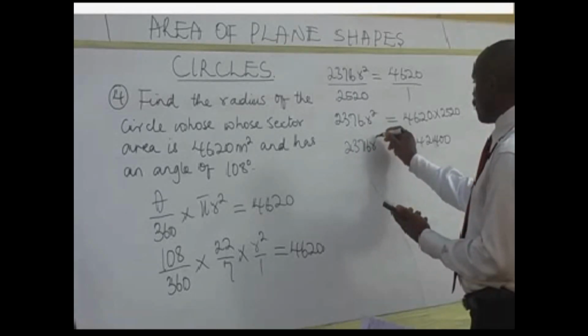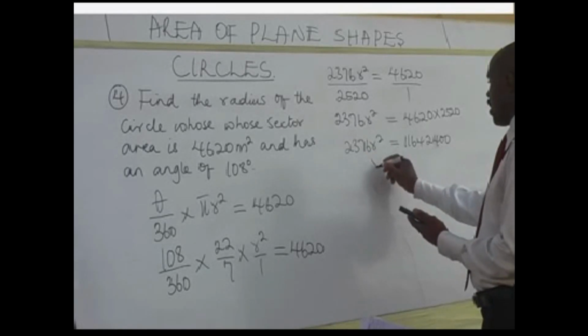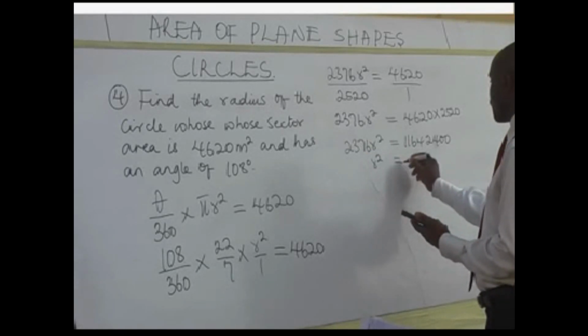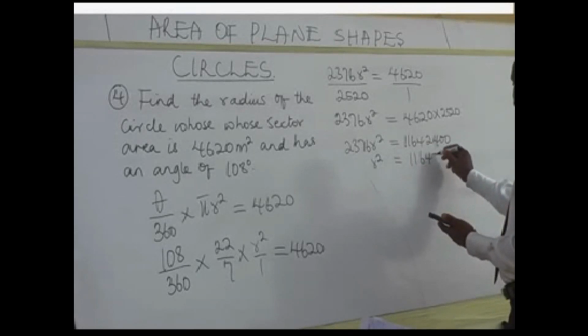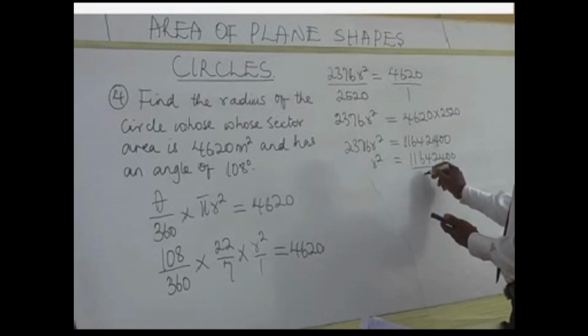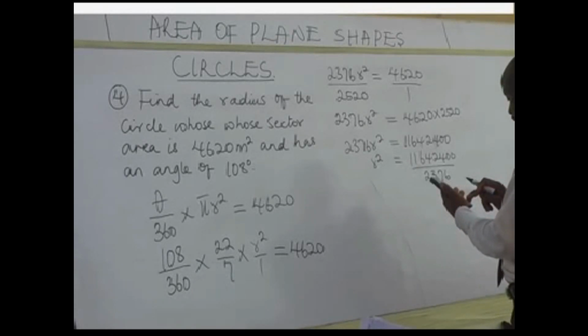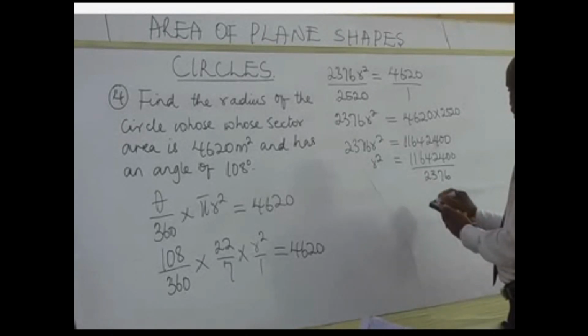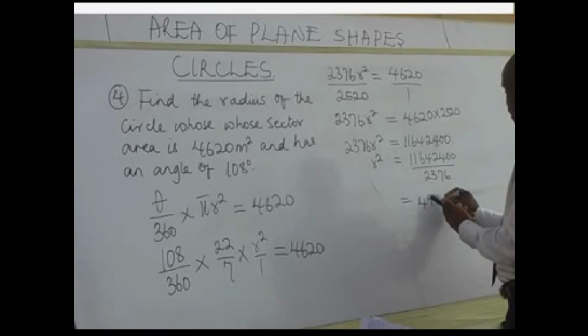Divide both sides by 2376. You'll be left with r squared here. And in the right hand side, we have 11,642,400 divided by 2376. So divide out. What I could get here is 4900.